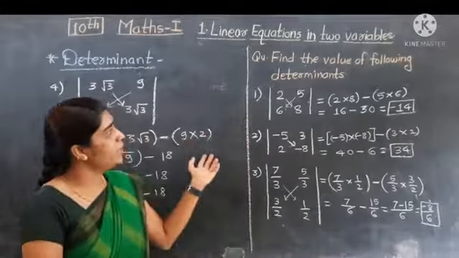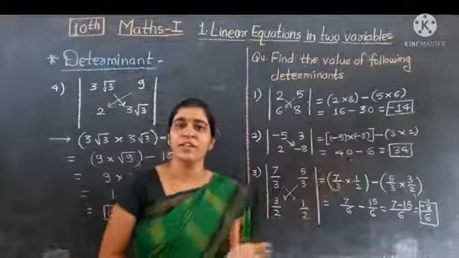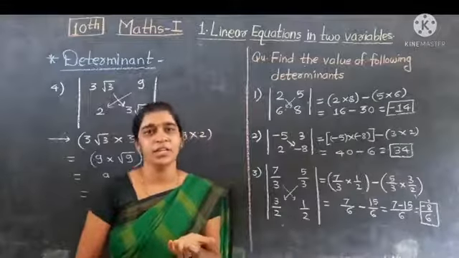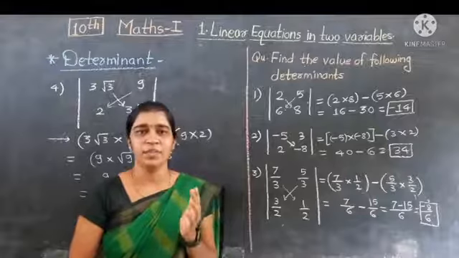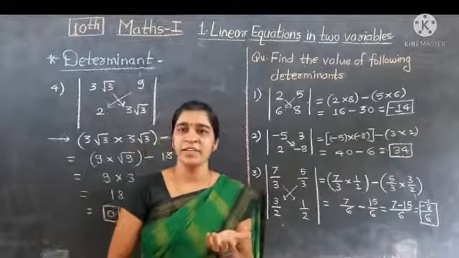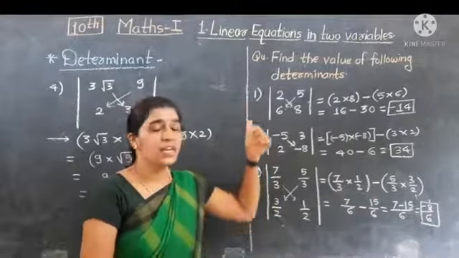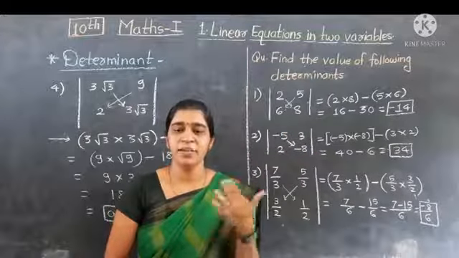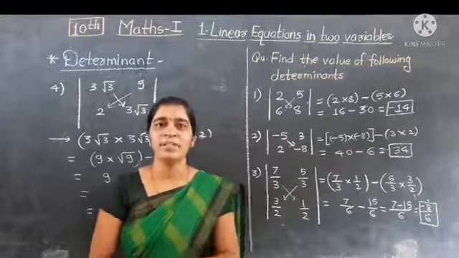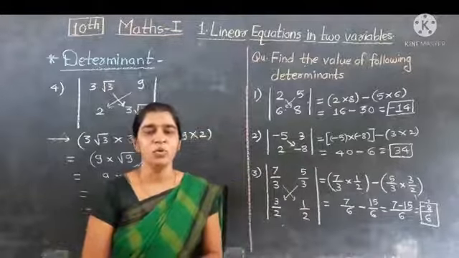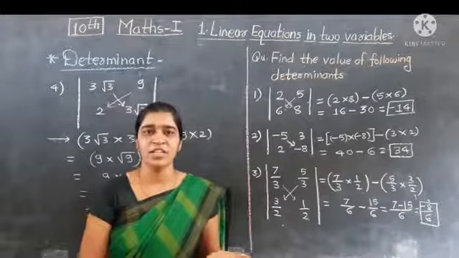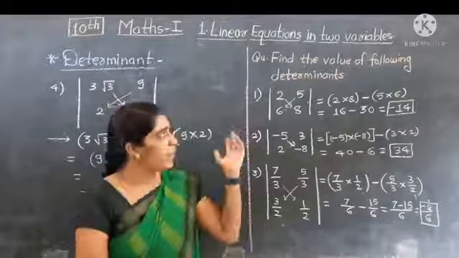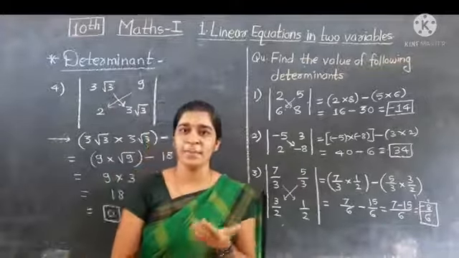By determinants also, we can find the solution of linear equations in two variables. It is called the determinant method or Cramer's method.